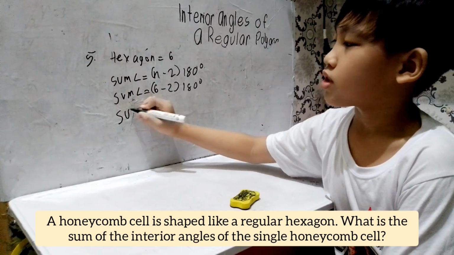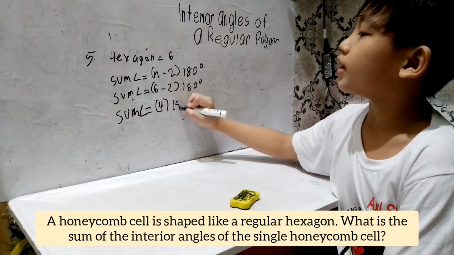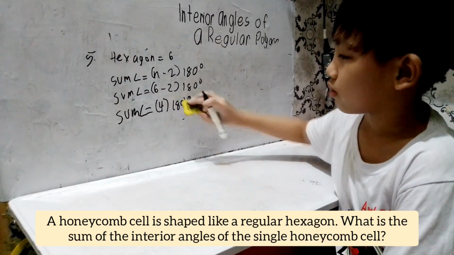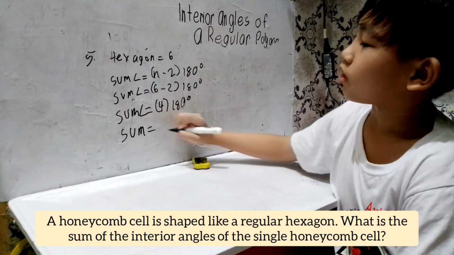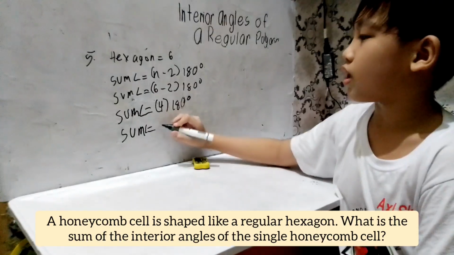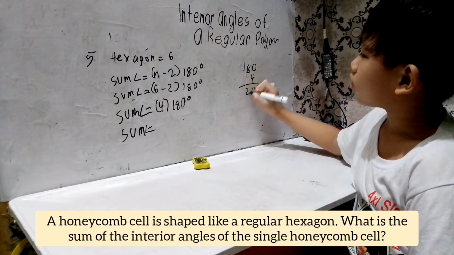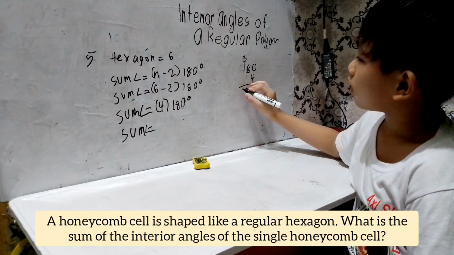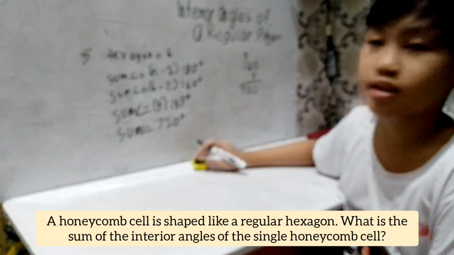So the sum equals 4 times 180 degrees. The sum equals 180 times 4, which is 720 degrees.